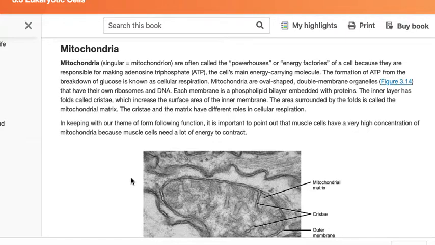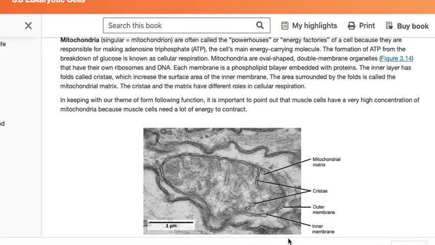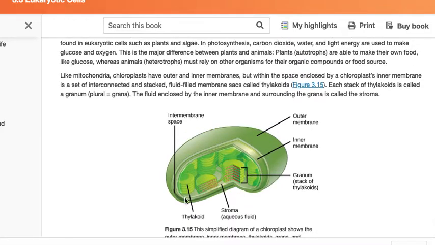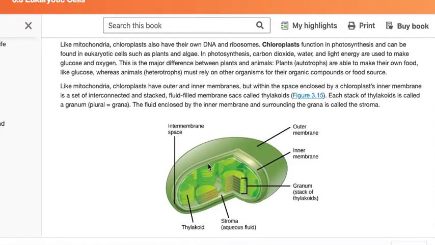Mitochondria are often called the powerhouse of the cell, or energy factories. They're actually really interesting because look at these. This is one right here. This is a mitochondria, and it looks a lot like this, which is a chloroplast.